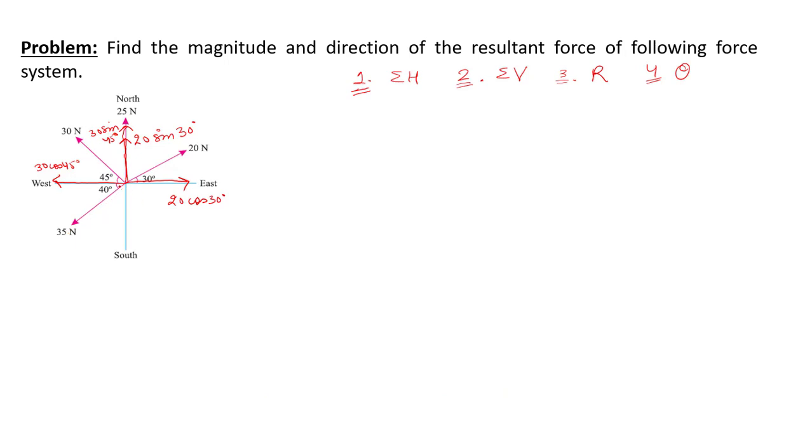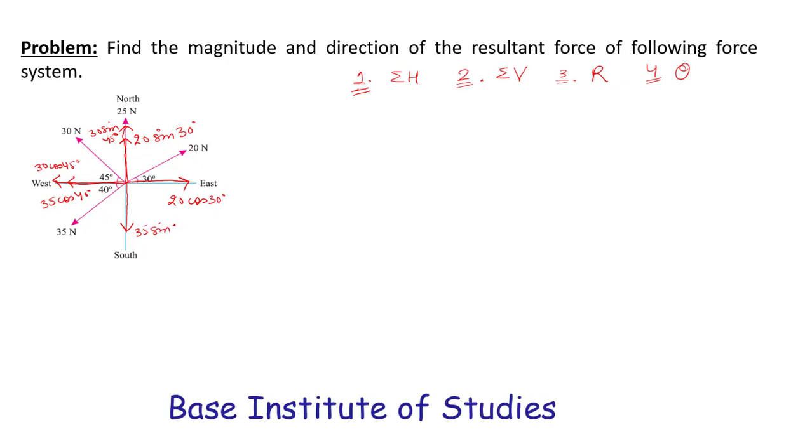For the force 35 Newton making an angle 40 degree with the horizontal, the components will be 35 cos 40 degree and 35 sin 40 degree.